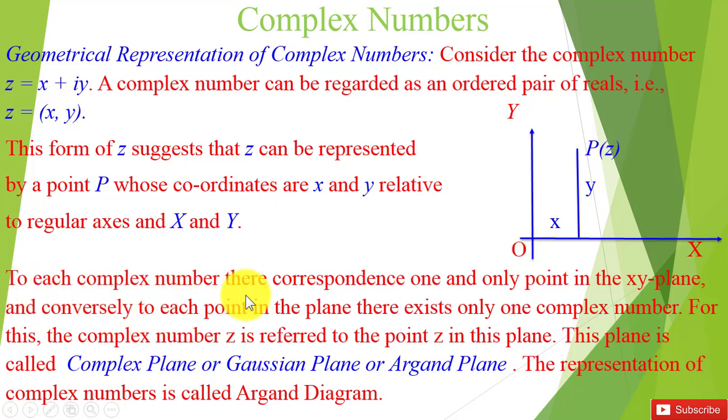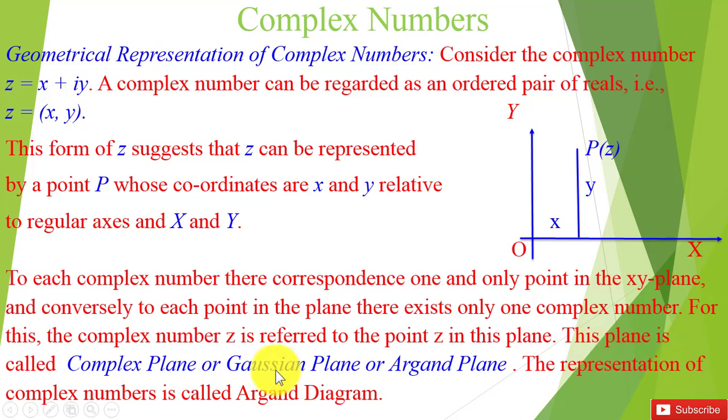To each complex number there corresponds one and only one point in the xy plane, and conversely to each point in the plane there exists only one complex number. For this, the complex number z is referred to as the point z in this plane.